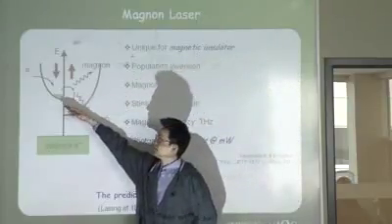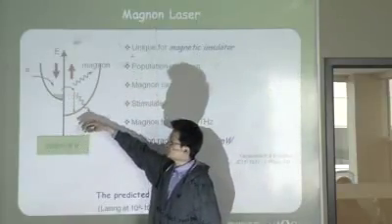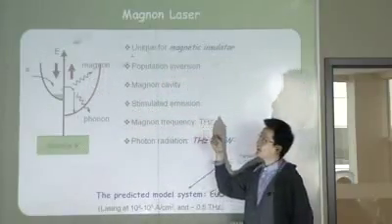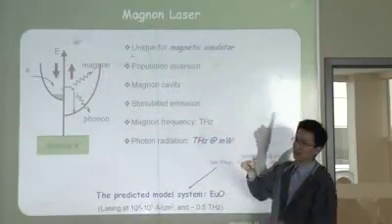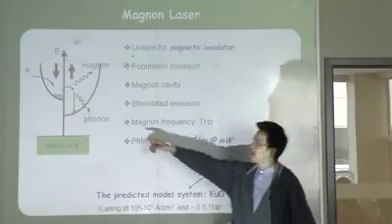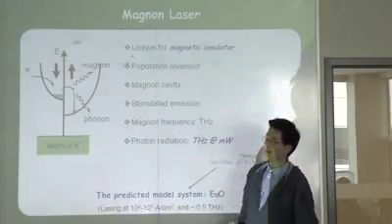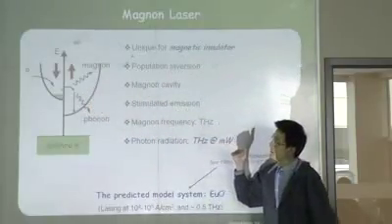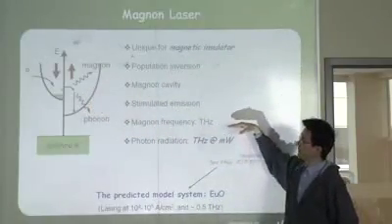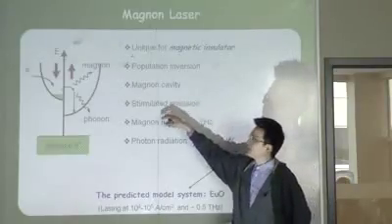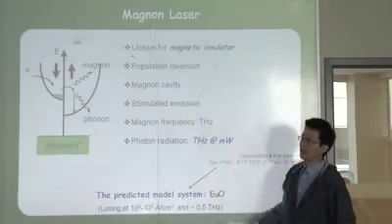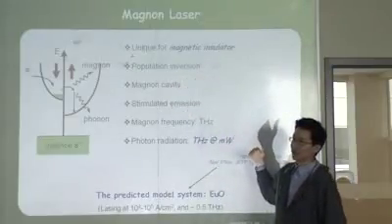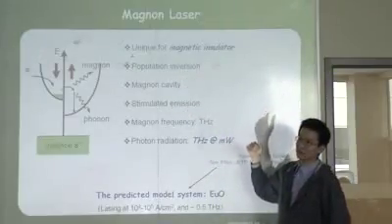These electrons can return to the valence band by emitting a magnon plus a phonon. Remember, the magnon is basically an oscillation of the spin system, and the phonon is an oscillation of the lattice system. The emission of these magnons can be tuned into a stimulated emission. Once that happens, the magnon population will grow exponentially, and magnon lasing will happen.